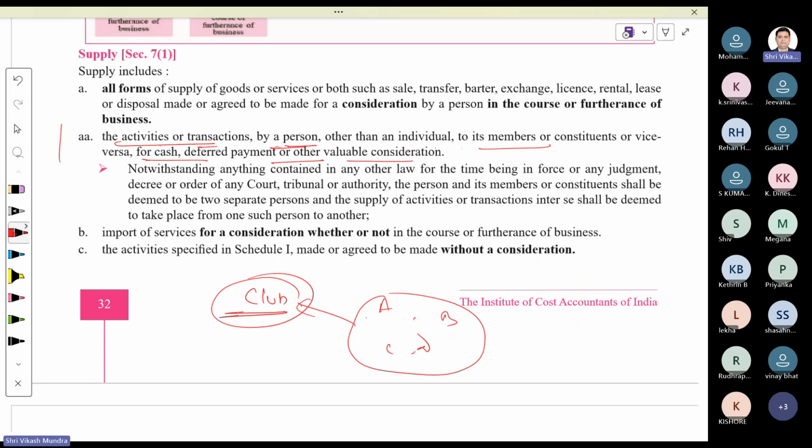It is not taxable in the hands of the club. The reason is that, considering various decisions of the Supreme Court and the concept followed in income tax, the club and their members are considered as a single unit. They are not considered as different persons.